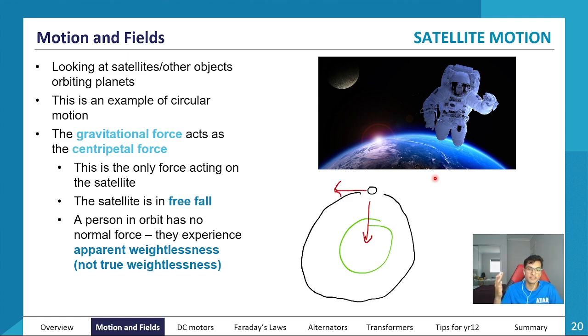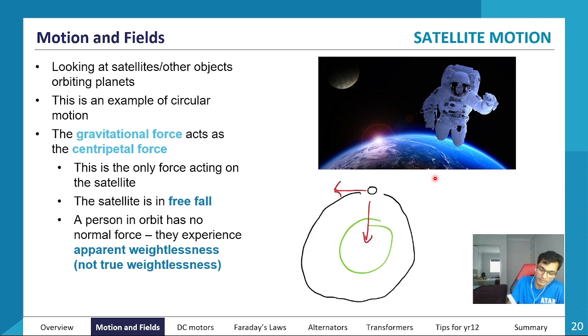Cool. And because of this, satellites don't really experience normal force because there's nothing pushing back up. Like I said with the astronaut, if the astronaut was in space, there is no normal force acting up on the astronaut. So that's where the whole idea of feeling weightlessness comes from.